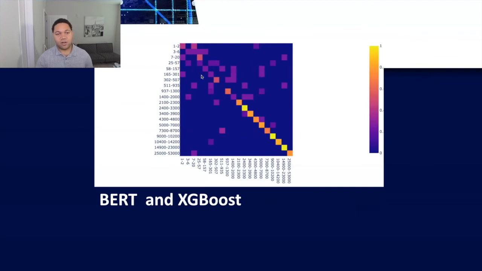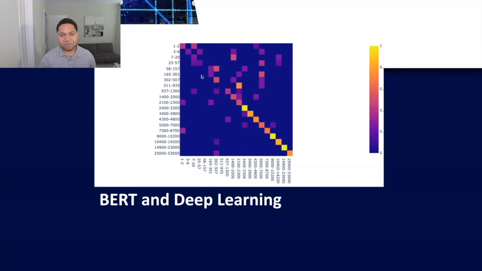Then we have the deep learning model, which does what it needs to do. It's pretty interesting. It's able to predict the 7 to 20 at least to some degree. It misses the 58 to 157, and it also misses 511 to 935. But it still does a pretty good job.